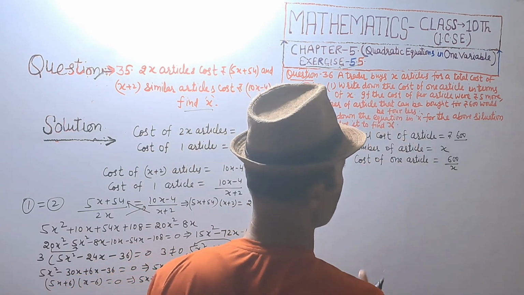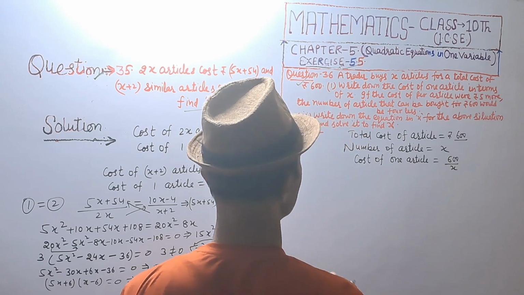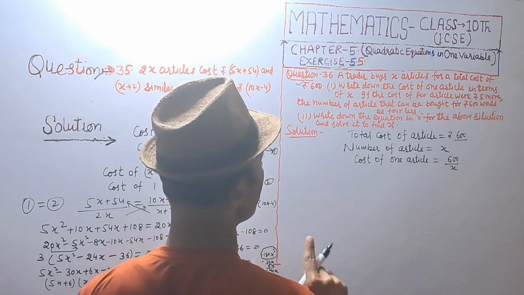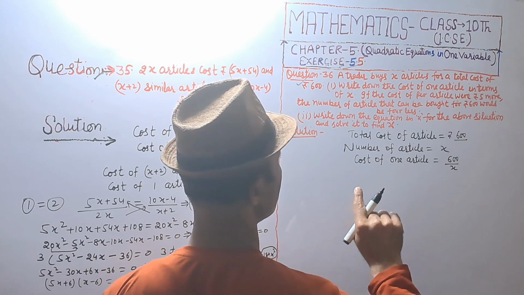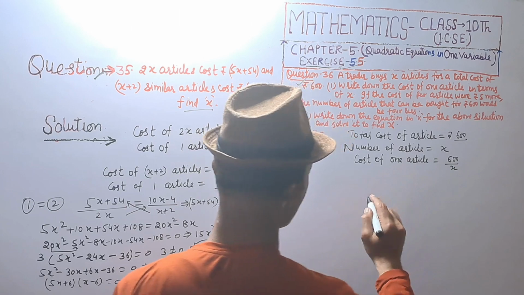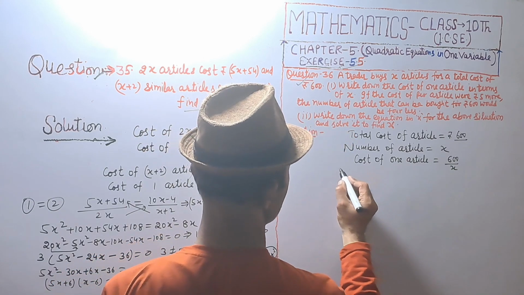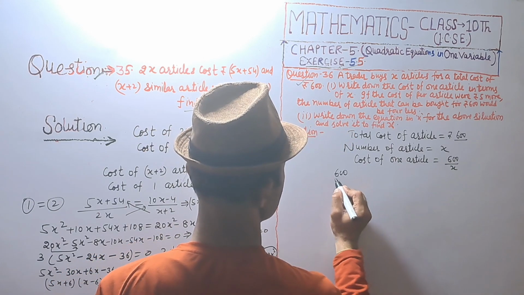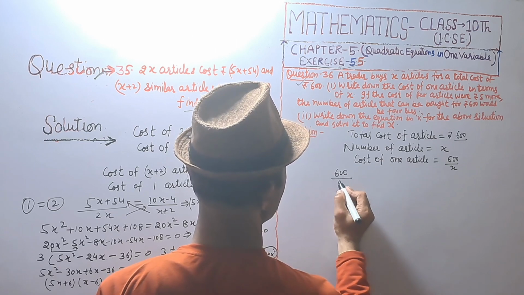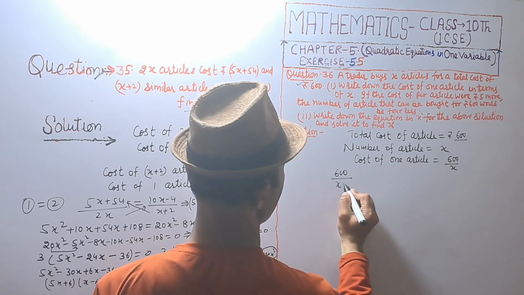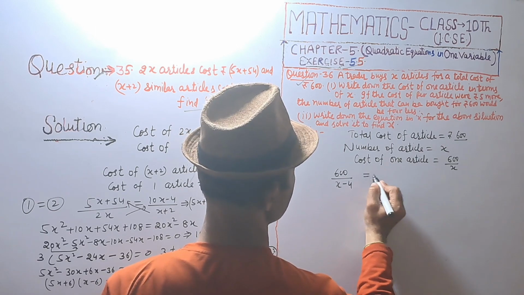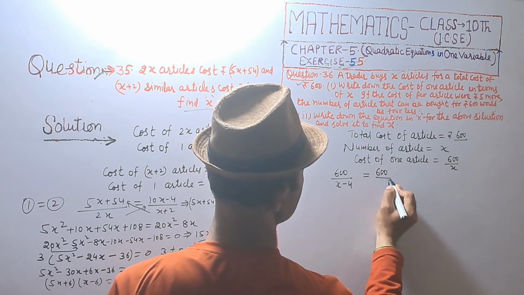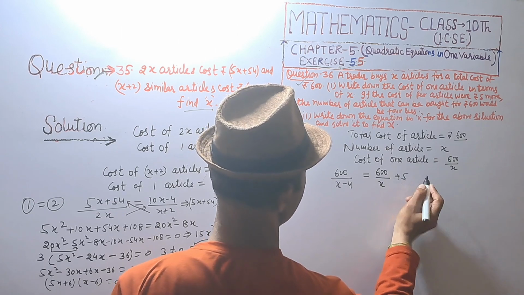If the cost of per article were rupees 5 more, the number of articles that can be bought for 600 rupees would be 4 less. According to question, 600 upon x minus 4 is equal to 600 upon x plus 5.